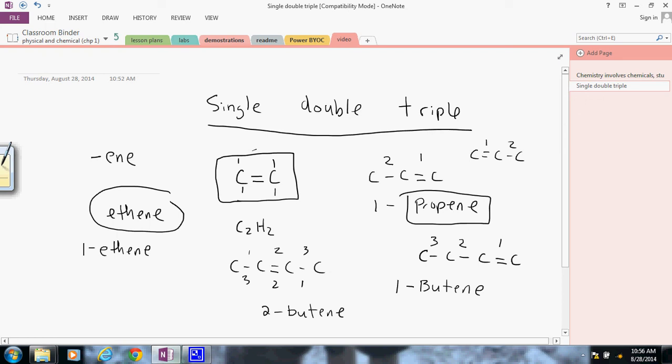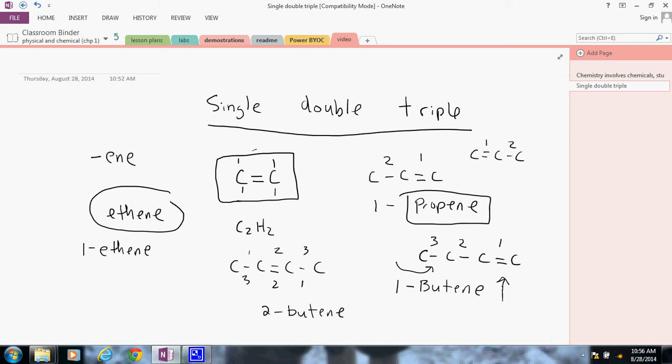You should see in your mind's eye that's the same chemical. I could just flip it around, it'd be the same chemical regardless of what side it's on. So we'd never call it 3-butene because we count from the shortest end, which would always be 1. Otherwise, this is your basic idea of how to name a chemical. Every chemical has a name, every chemical has a formula.